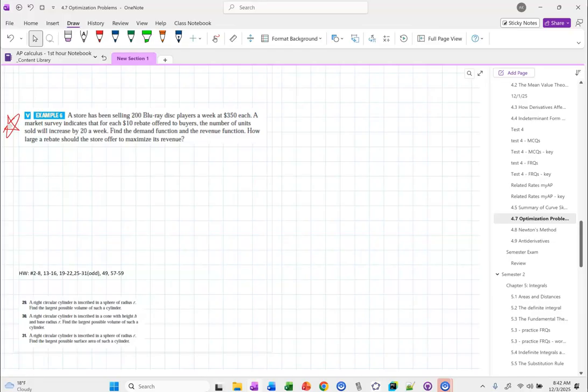And the revenue function, that's going to be how much money is being brought in. And we want to find how large a rebate, so it should be $10 or $20 or $30 or something else, to maximize the revenue. So there's no picture to draw here, right? Does everybody kind of get a feel for what's going on?